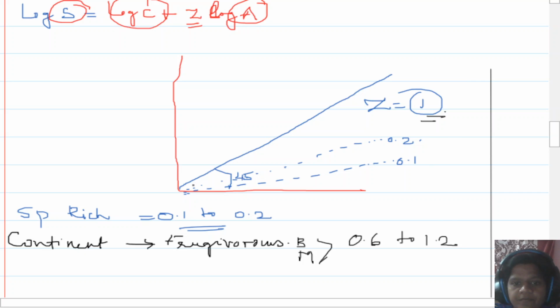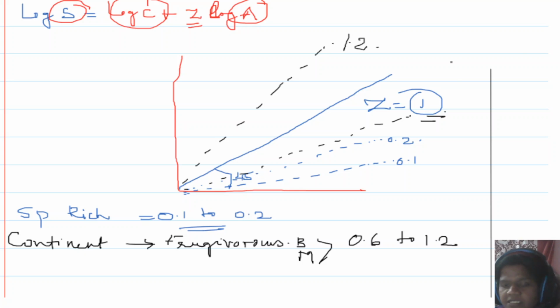So somewhere around here. So that would be your species richness.